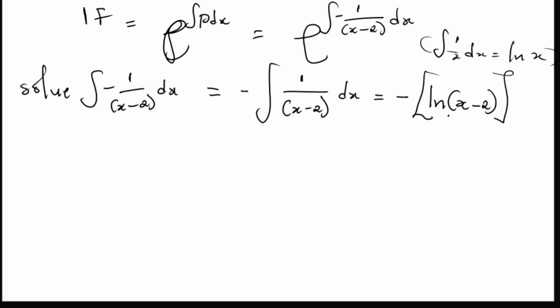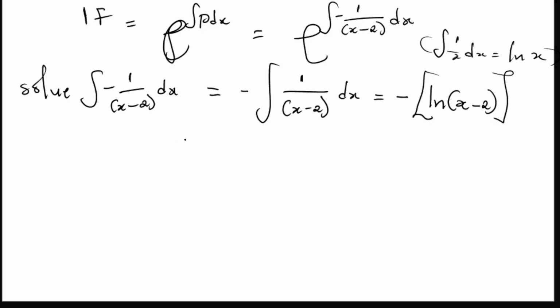What we do is we add plus c, but in this case we're not done with the integration because we still have the exponential here to simplify. Are we together? So since you've solved your integral of minus 1 over x minus 2 to be minus ln of x minus 2, input it back into your if statement.